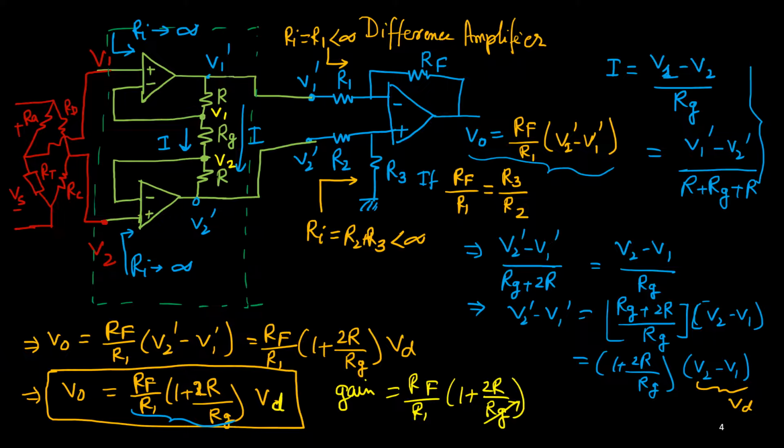So by only one parameter we can vary the gain, and we can maintain high input impedance, so the preceding circuit is not disturbed. All the purpose is solved, and this amplifier is called an instrumentation amplifier.